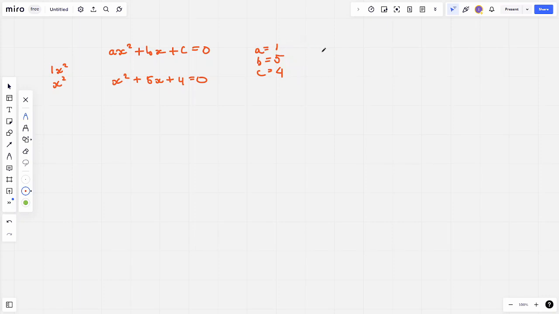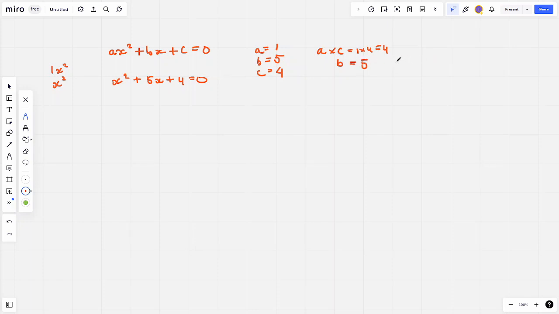We want those two numbers to be linked to a times c, and then when you add them, they must equal b. So you want two numbers that, when you times them, equal your a times c, so that's your 1 times 4 equals 4, and then we know our b value equals 5.